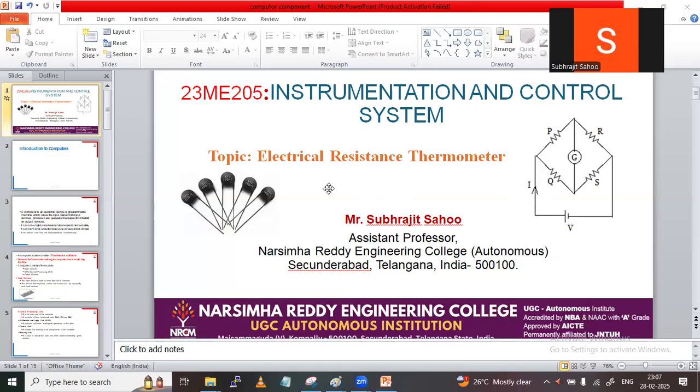One more interesting thing: to study this electrical resistance thermometer, we should have a little knowledge of current, voltage and resistance, how they work and how we measure them.